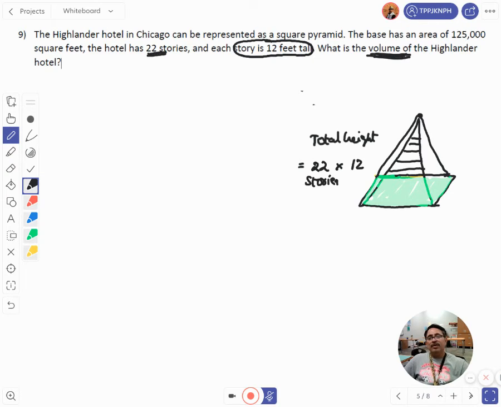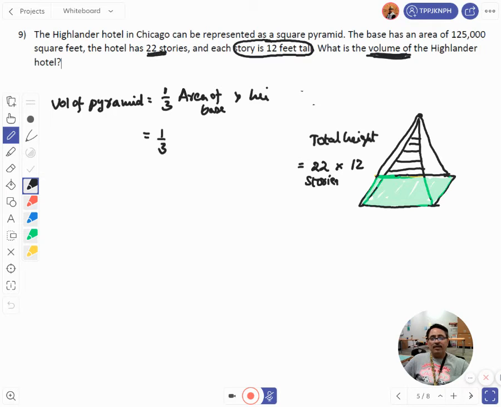You know, the volume of a pyramid equals 1/3 area of base times height.